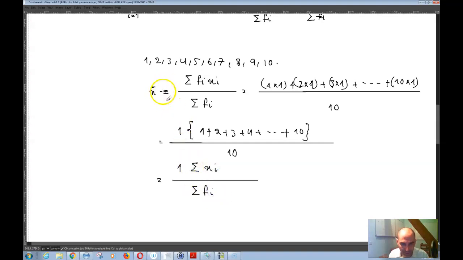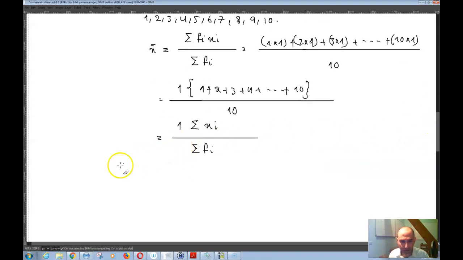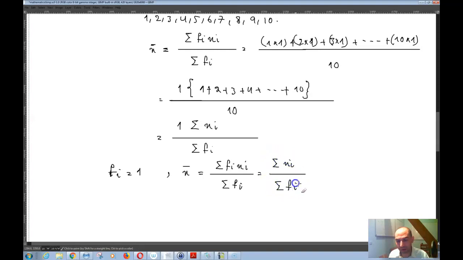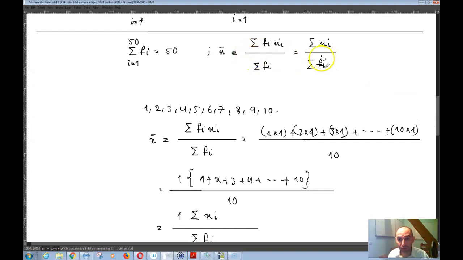So that means that when the frequency of each observation, meaning that f of i is equal to 1, no matter what the value of i, then your x bar, which is normally equal to sigma f of i x of i divided by sigma f of i, you can write as sigma x of i divided by sigma f of i. And that is basically what we can do over here. That's the reason why I said this over here.